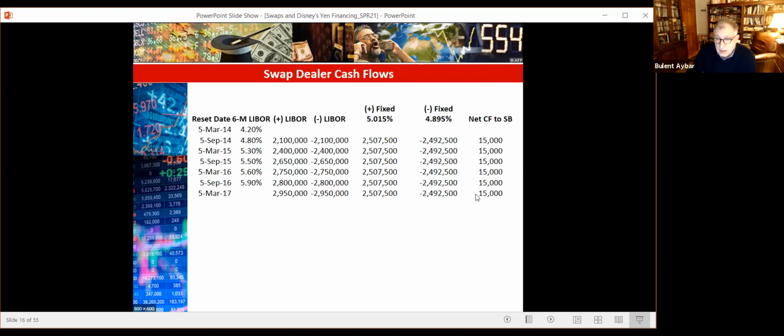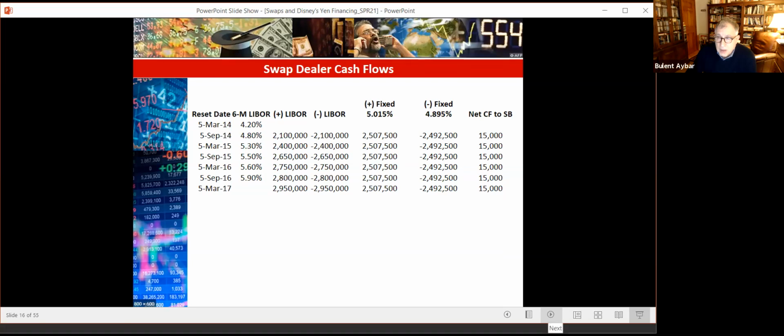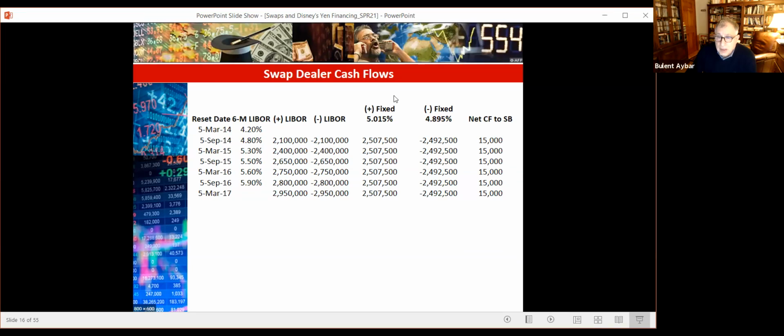So the dealer also makes its money from whatever it retains in these payments. So this was an example of a fixed to floating interest rate swap.